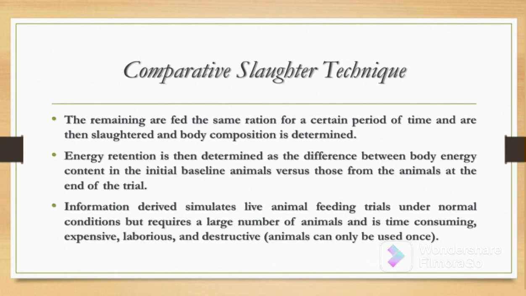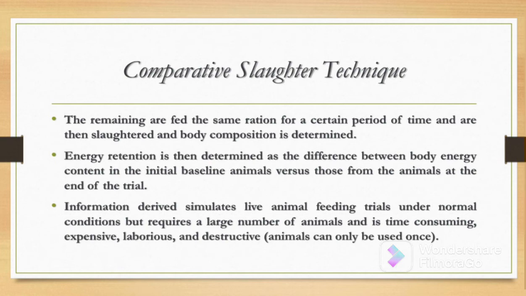Now, the comparative slaughter technique. First, the animals are fed the same ration for a certain period of time and are then slaughtered, and body composition is determined. Second, energy retention is then determined as the difference between body energy content in the initial baseline animals versus those from the animals at the end of the trial.